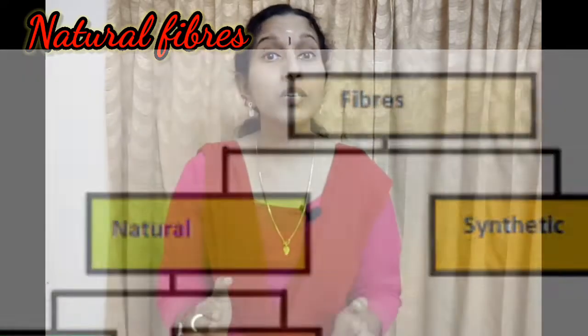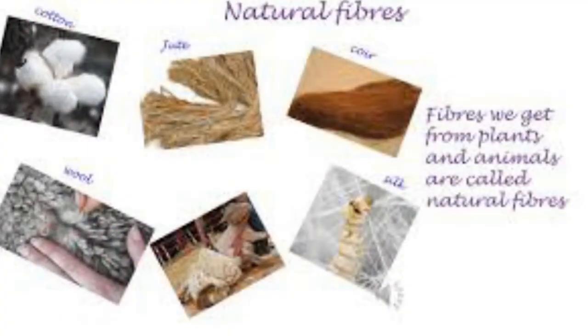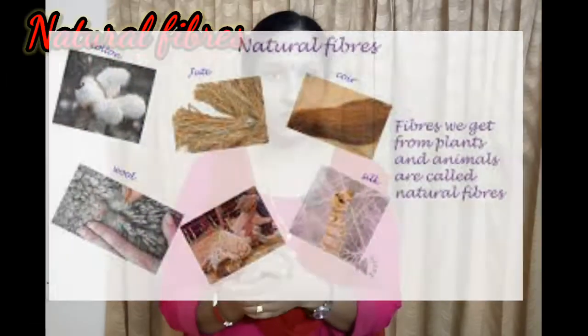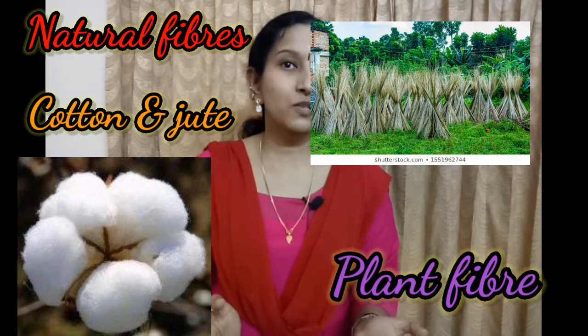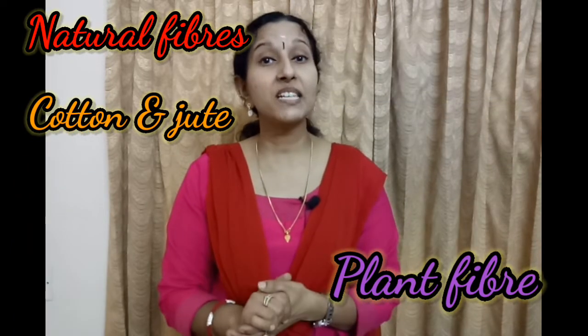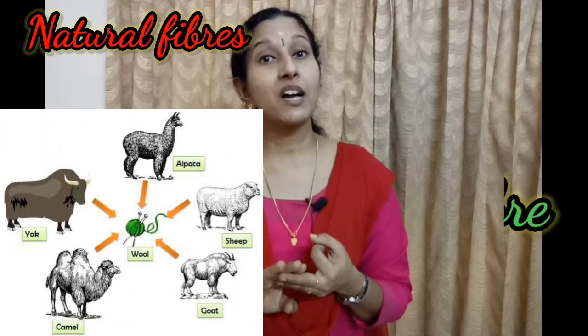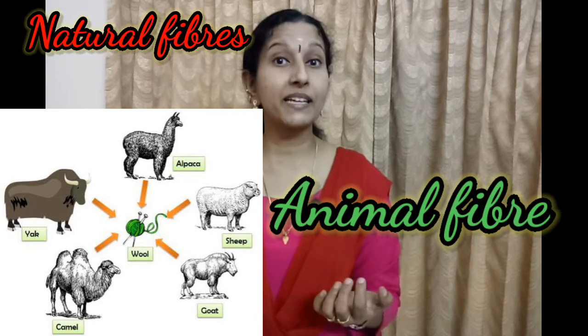Cotton and jute are obtained from plants, so they are plant fibers. Wool, silk, etc. are obtained from animals, like silk from silkworms and wool from sheep, yak, and even from rabbits and camels. So they are the fibers obtained from animals.